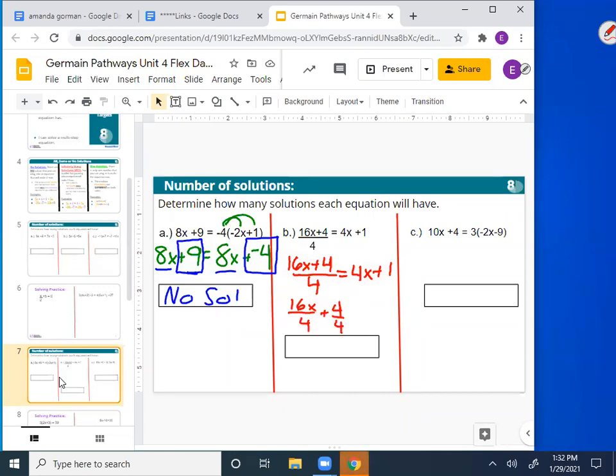Is there a different way that you were thinking we might go about getting rid of that denominator of 4? What's another way? Billy?